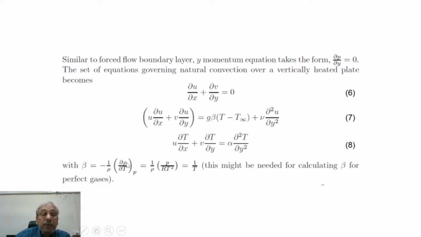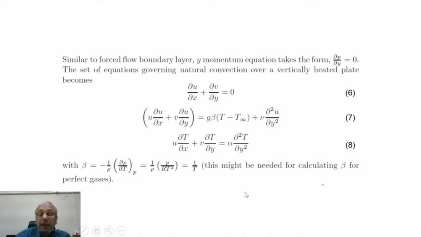We substitute the expression for rho, perform the derivative. This becomes 1 by rho, P by RT squared. P by RT is rho, so this becomes finally 1 by T. So beta is basically 1 by T, and this we will need while calculating beta in our derivations.